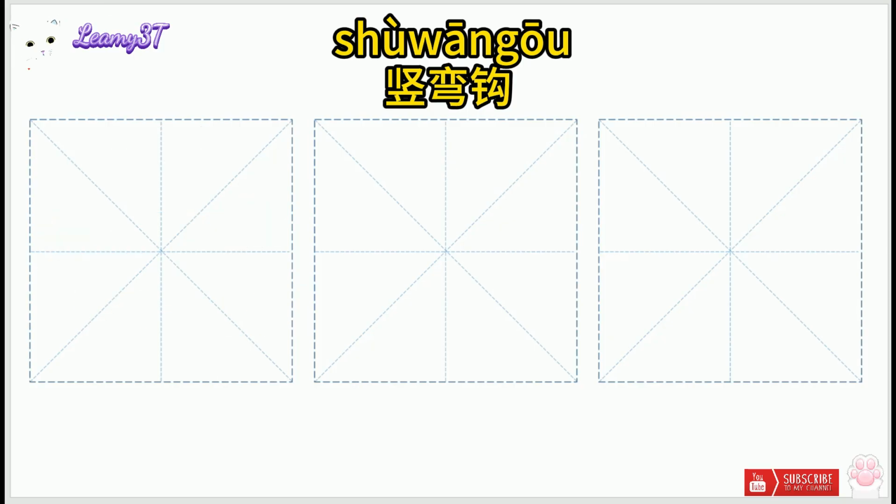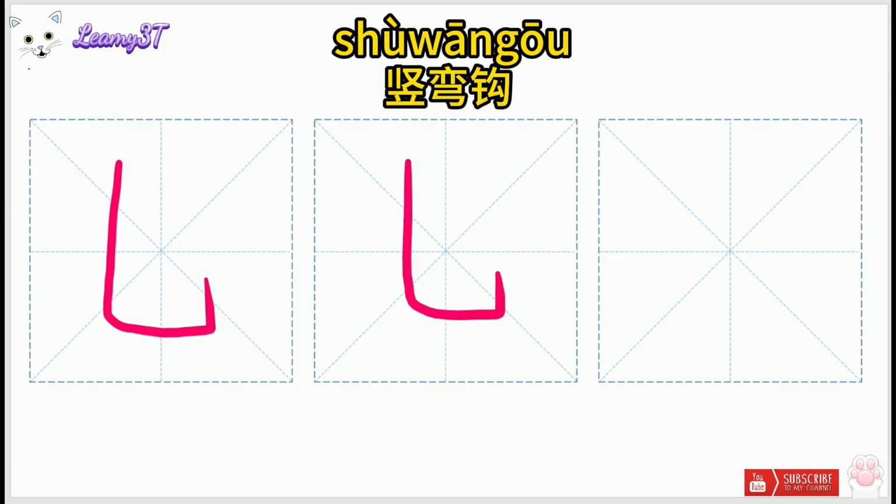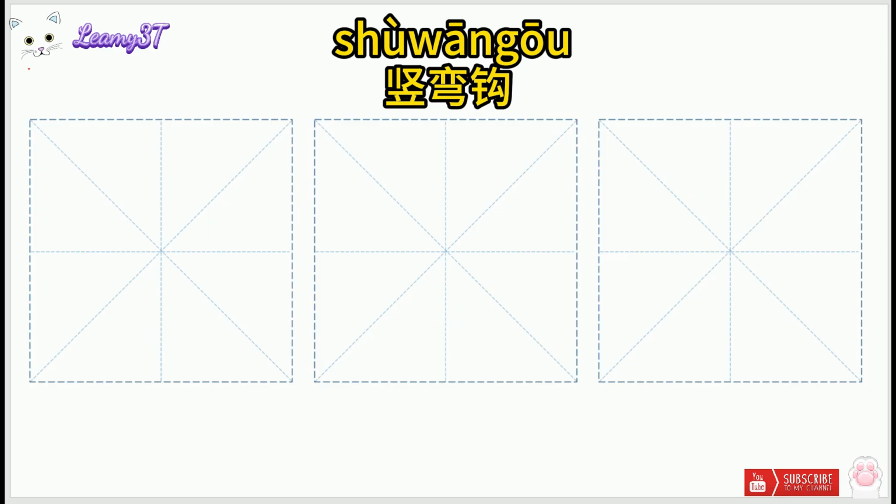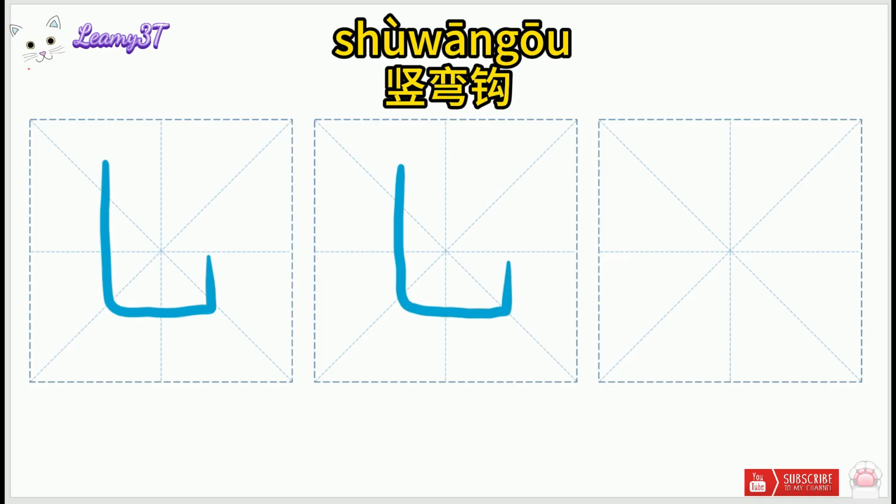Now let's read and write together. shùwāngōu, shùwāngōu, shùwāngōu. One more page. shùwāngōu, shùwāngōu, shùwāngōu.